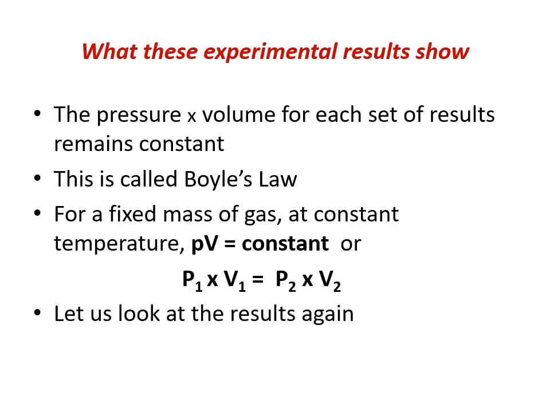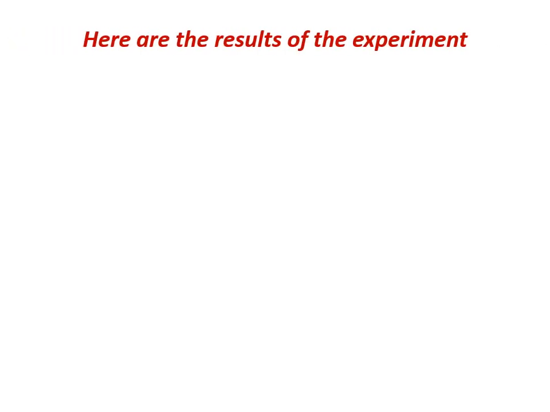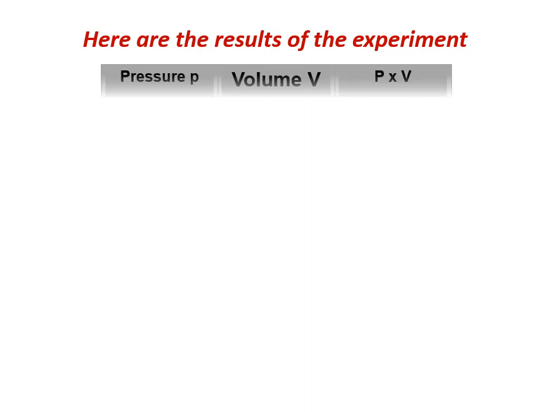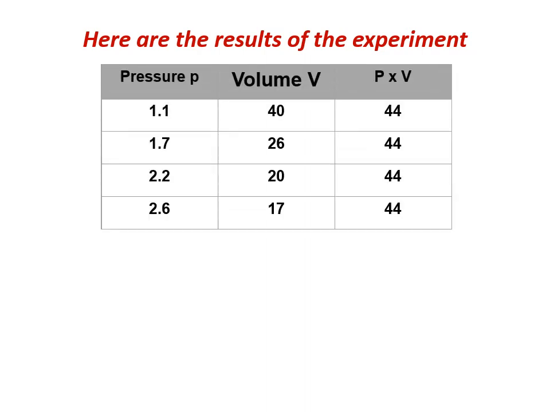Now, let's have a look at these results again. Let's see if a few other things we mentioned in the previous lesson are being followed here also. You can see as pressure is increasing, volume is decreasing. So that thing is being followed. Now we said when pressure doubles, it's going from 1.1 to 2.2.